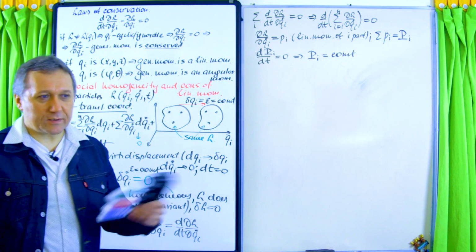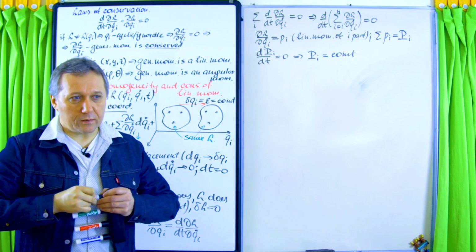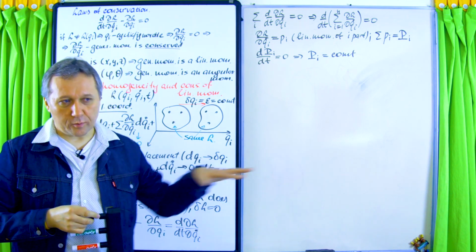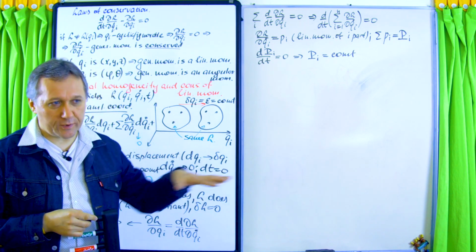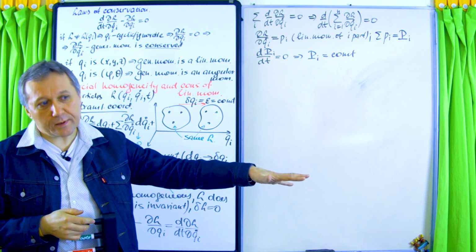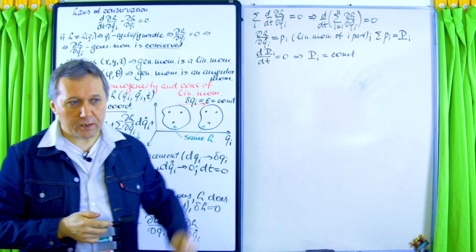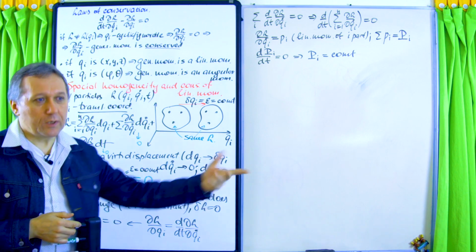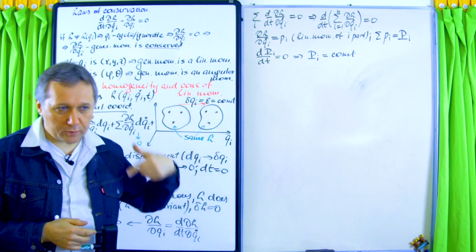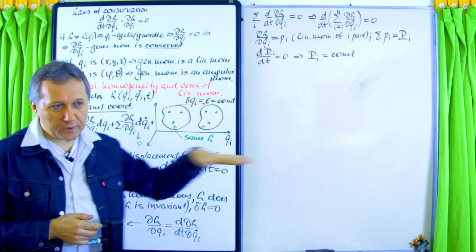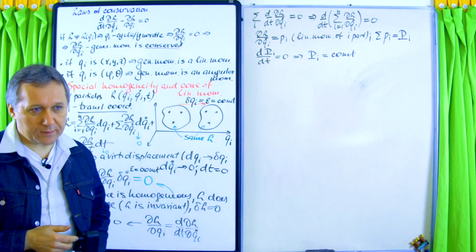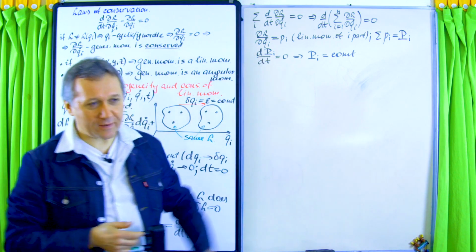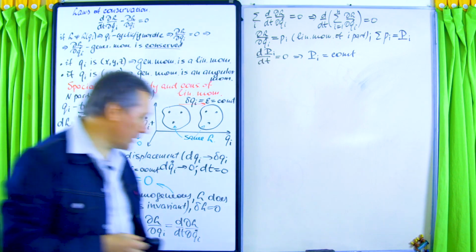For example, in a system, if the net external force in the x direction is 0, then in that direction space is homogeneous, and the x component of the total linear momentum in that direction is constant. So that's why I added the subscript i.